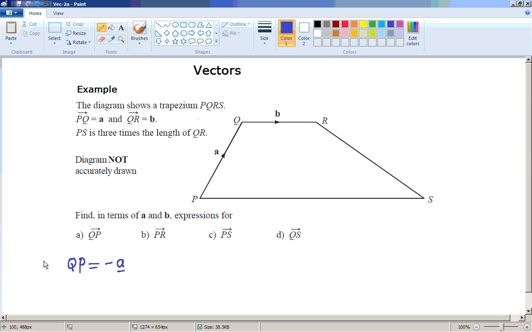Then part B, vector PR, so we're going from P to R. So we're starting at P, then we're going all the way up to R. So this is the vector PR.